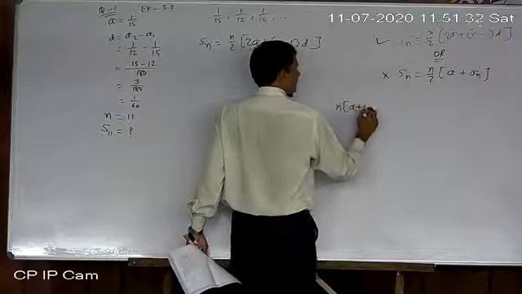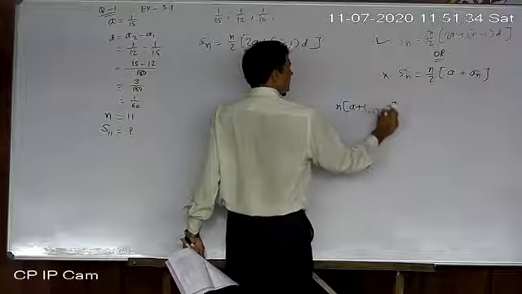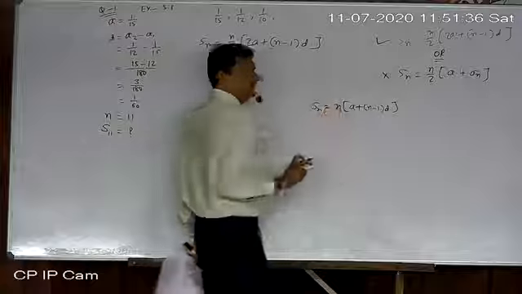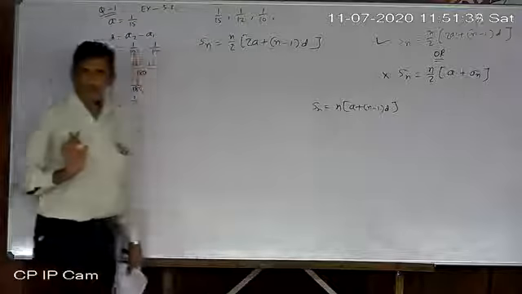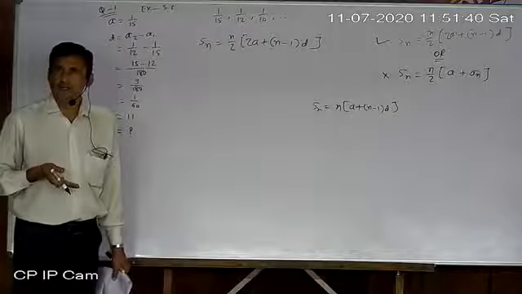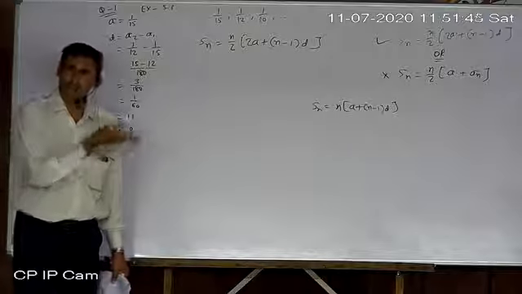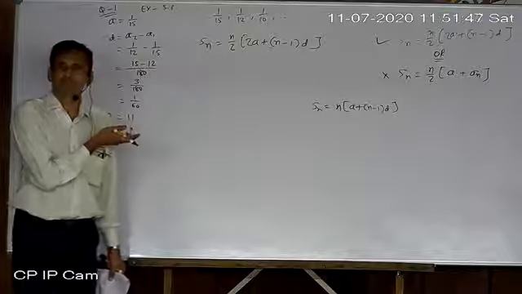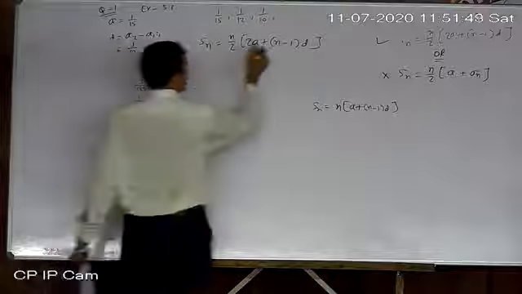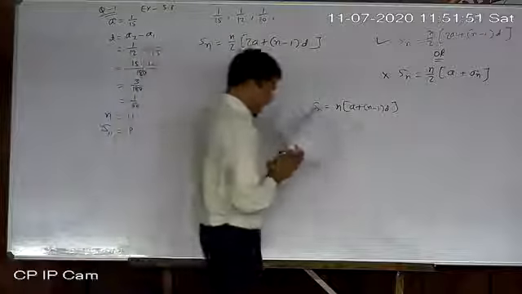Why have they not given it after cancellation? Understood? If it is possible, then they give us the formula after cancelling that 2. So don't make the mistake of this type of cancellation.